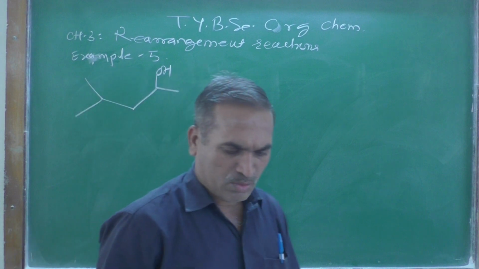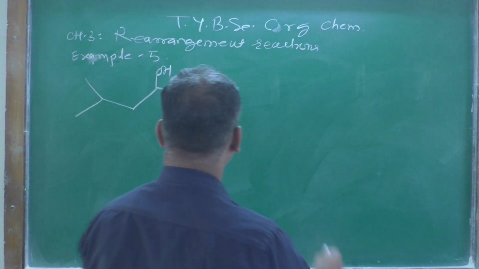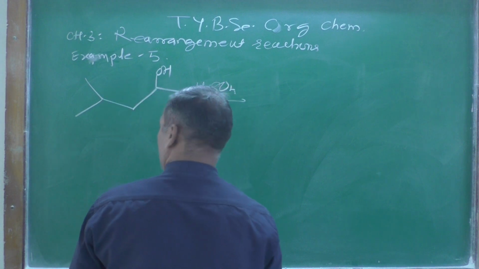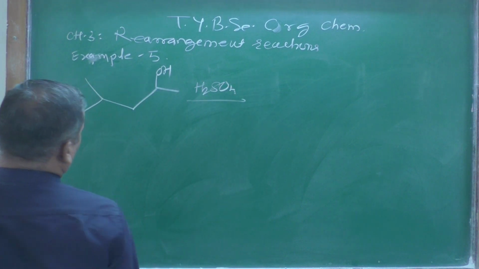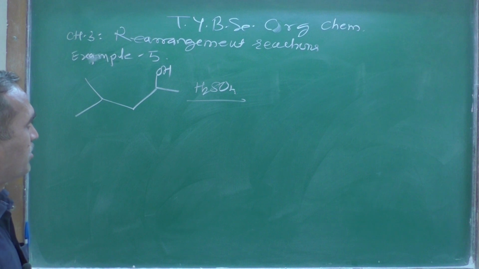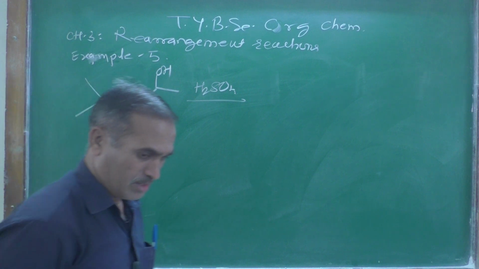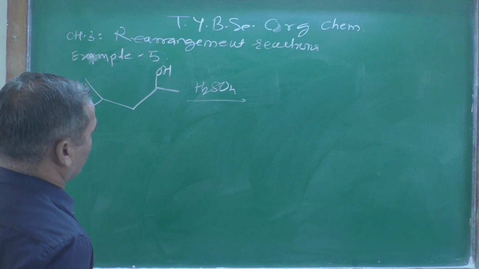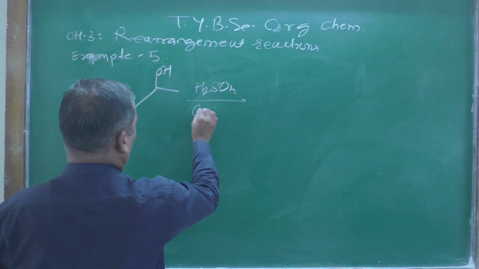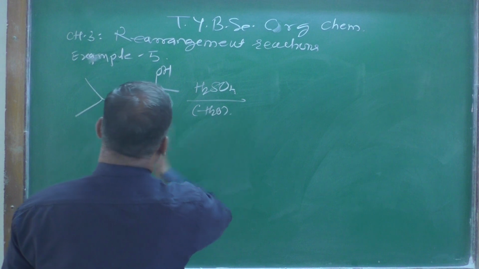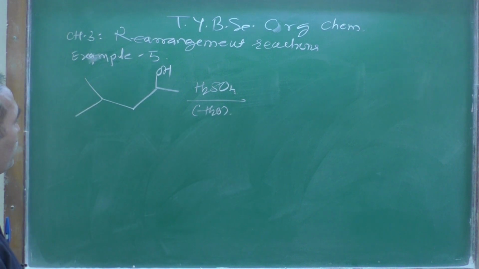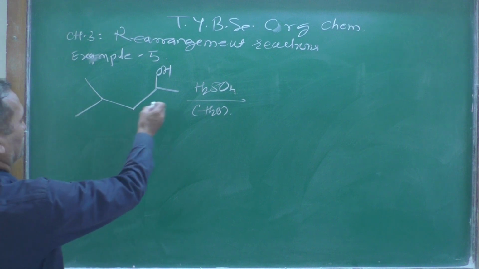This will be treated with concentrated H2SO4, and an elimination reaction takes place. Elimination reaction means a dehydration reaction, where a water molecule gets eliminated from the starting compound. Can you tell me what would be the IUPAC name of this compound?